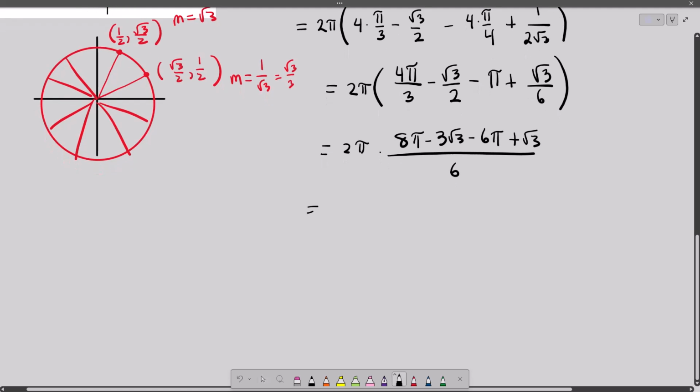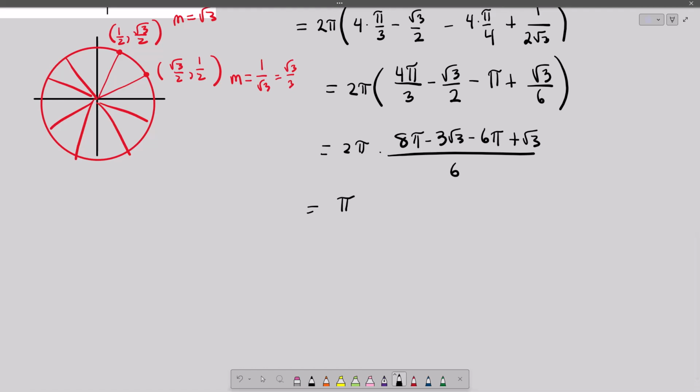2 cancels with the denominator there, giving us a 3. And then we're going to have 8 pi minus 6 pi, which is 2 pi. Negative 3 root 3, add 1 root 3, we get negative 2 root 3. And we have that. And there's not much else we could do. We could just factor out the 2.